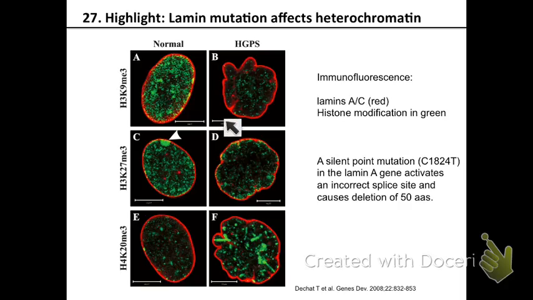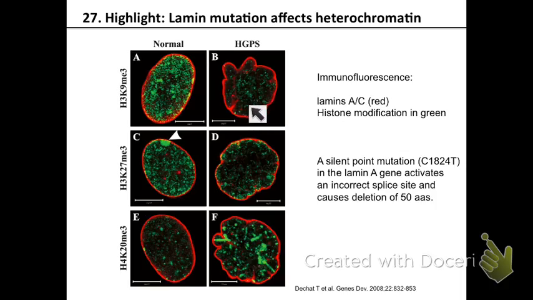And if you look at a mutant where lamin A is mutated through a silent point mutation, that produces an incorrect mRNA splicing site and causes a deletion of 50 amino acids from lamin A itself, what you can see is that in those cells, first of all, the nuclear structure is messed up, right? It doesn't look nice and round anymore, and the heterochromatin is messed up as well.